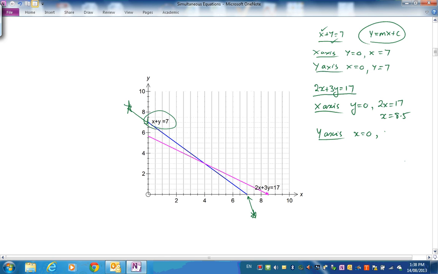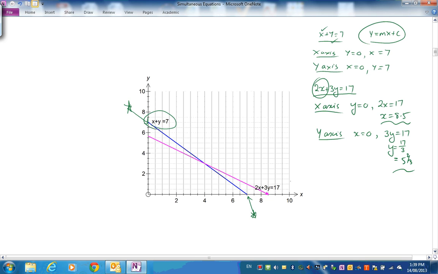So 3y would be 17. Remember, if x is 0, this term goes out, disappears. So y is 17 over 3, which is approximately 5.6, or let's leave it as a proper whole number. It's 5 2/3. This could be a bit hard to plot, couldn't it?